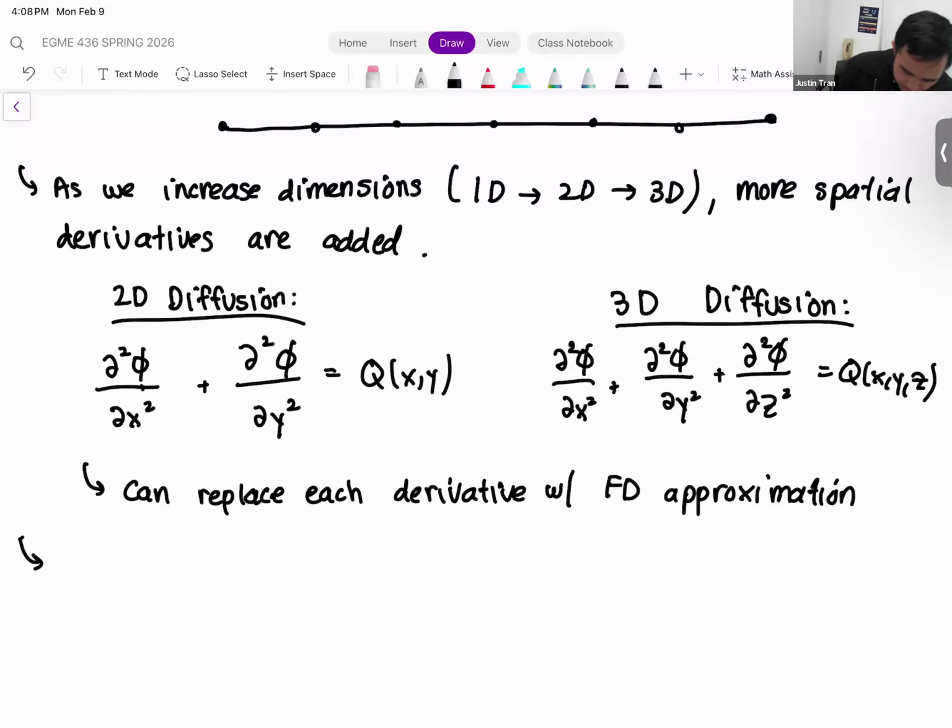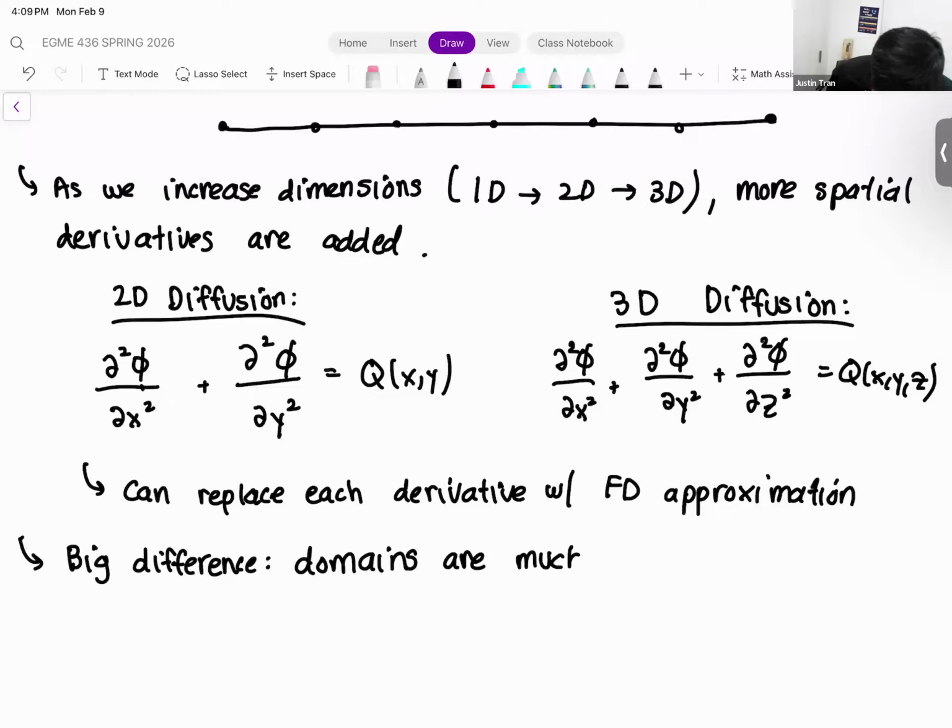So up until this point, it's not too different. But what is different is the fact that our domains now are going to be a lot more complex. And that's typically a good thing, because in 2 dimensions you have a lot more freedom in terms of what kinds of domains you want.